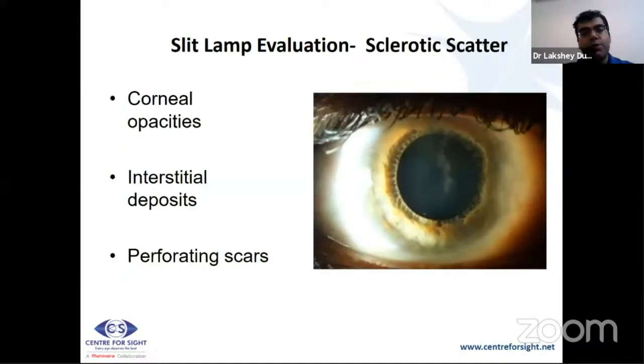So it is used to locate small corneal opacities or interstitial deposits. You can see in the diagram, sclera on one side getting illuminated, the light coming out on the other side of the limbus after getting total internally reflected throughout the cornea.